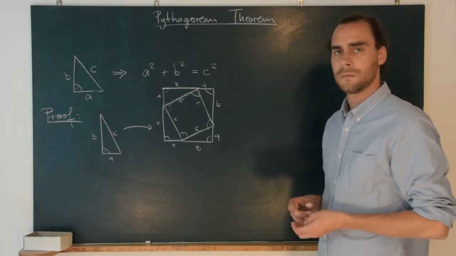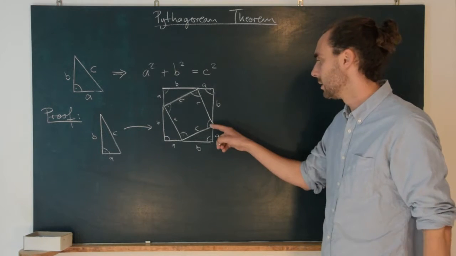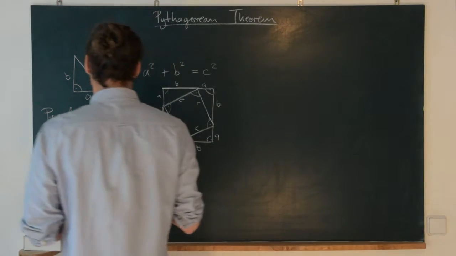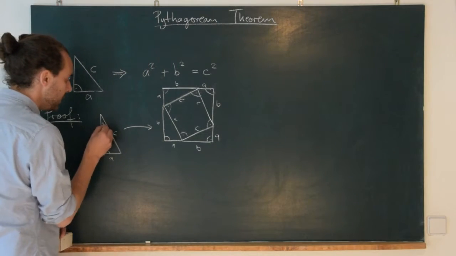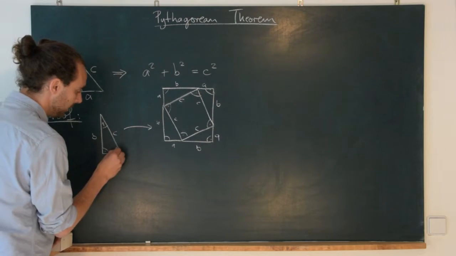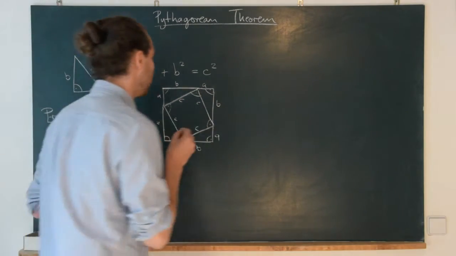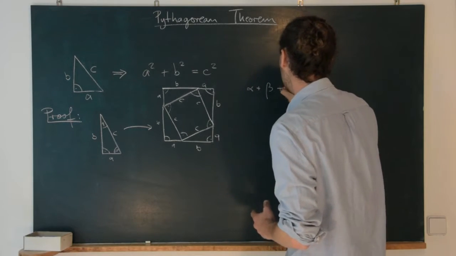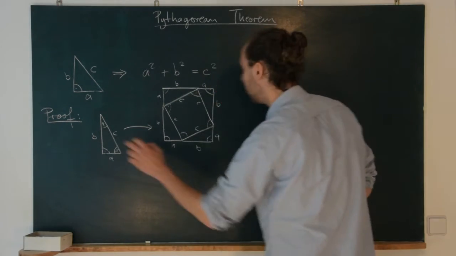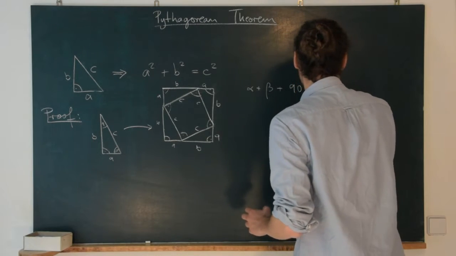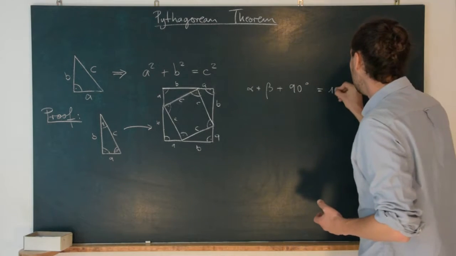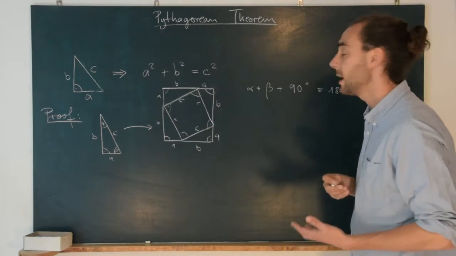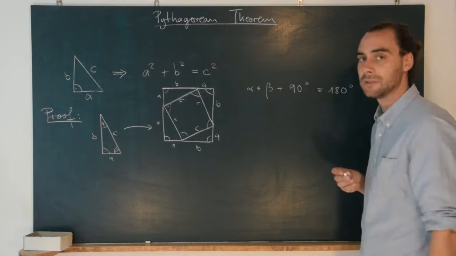You could now ask, are these angles really right angles? And yes, they are, because if you name this angle alpha and this angle beta, you know that alpha plus beta plus 90 degrees is equal to 180 degrees, because this is a triangle and the sum of the angles in a triangle is always 180 degrees.